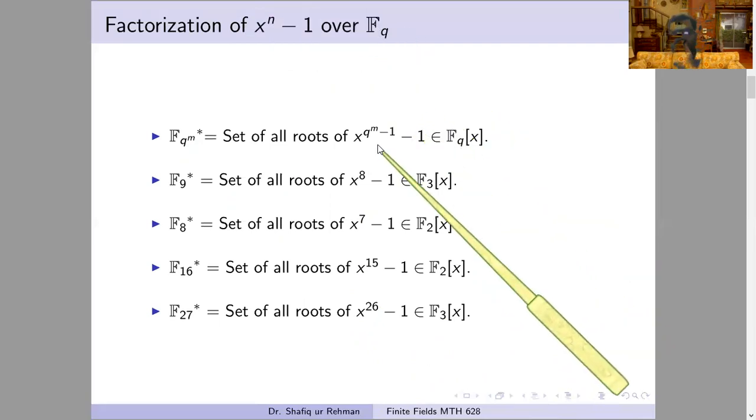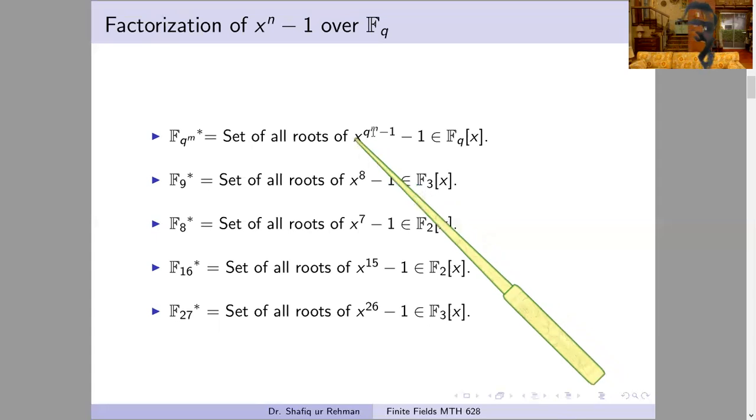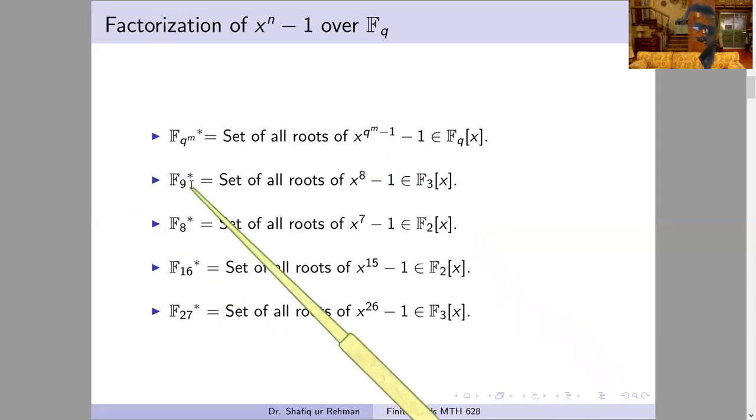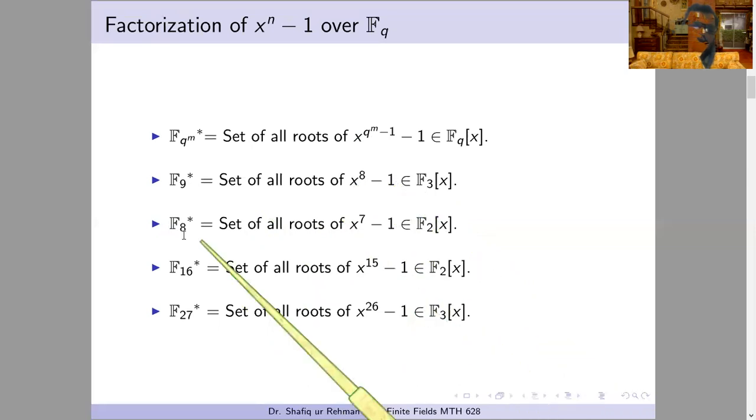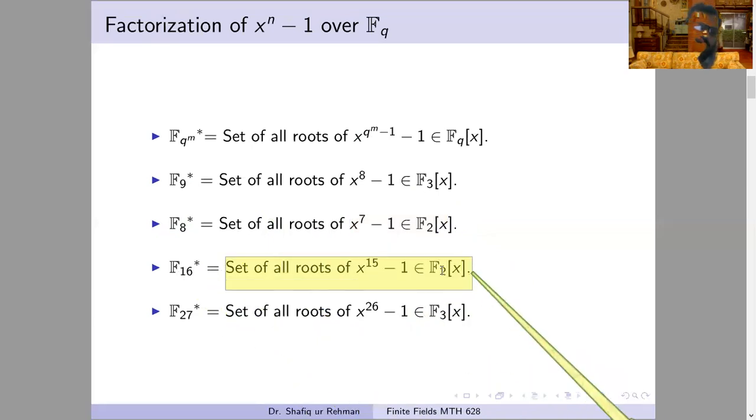And this is our purpose here, to first of all find the field in which all the roots of this polynomial lie. So we see that F_9 star is equal to the set of all the roots of this polynomial. F_8 star equals the set of all the roots of this polynomial. F_16 star equals the set of roots of this polynomial over F_2, and so on.